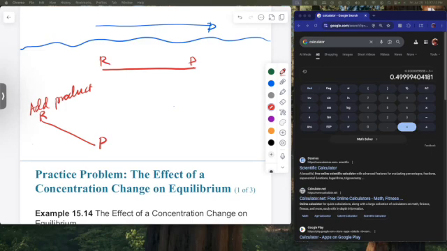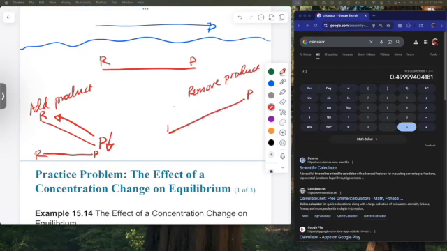To get back to normal, we want to react out some of the products, get it back to the reactant, and that will restore equilibrium. If we remove product, the product side becomes relatively less. You want to sacrifice some of the reactant side to create more product to get back to equilibrium.